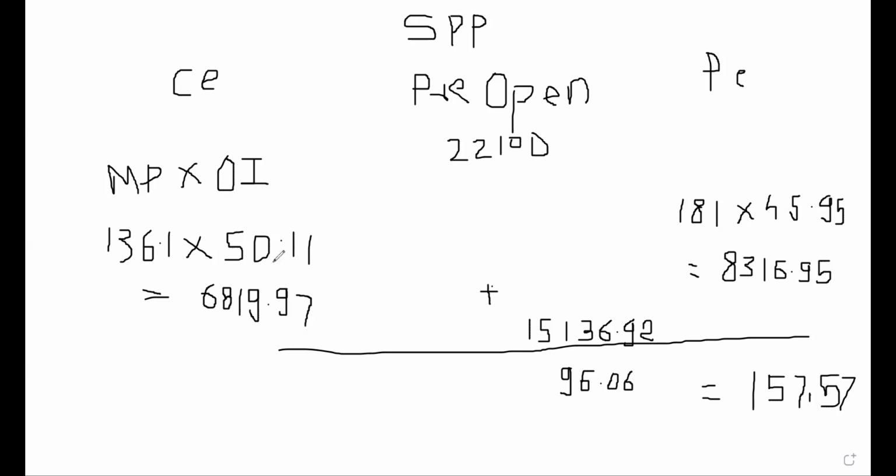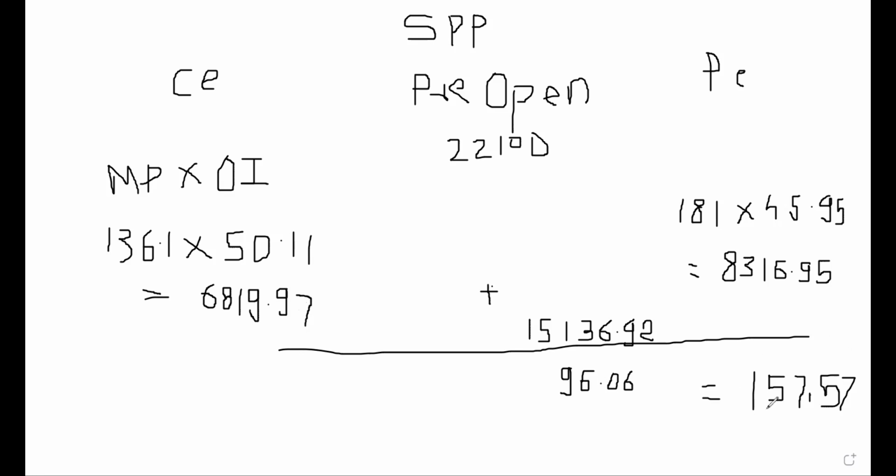That is A. Same you do with the put side: previous day high plus low divided by 2, multiplied by open interest. Now A plus B divided by open interest of call plus open interest of put, 96, and this is the figure which you get.